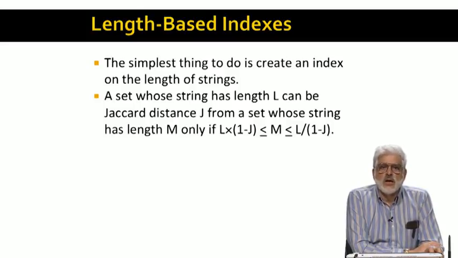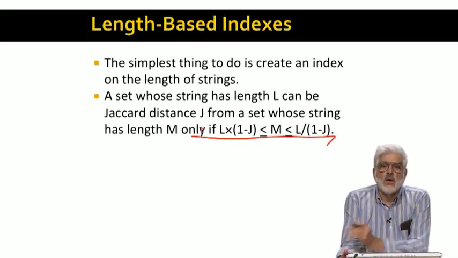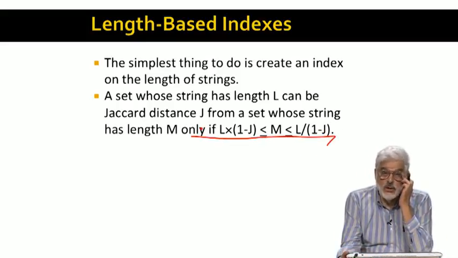If a set has size L, so its string has length L, then this set can be Jaccard distance J from a set of size M only if M lies between L times 1 minus J and L divided by 1 minus J. We'll justify this relationship on the next slide.